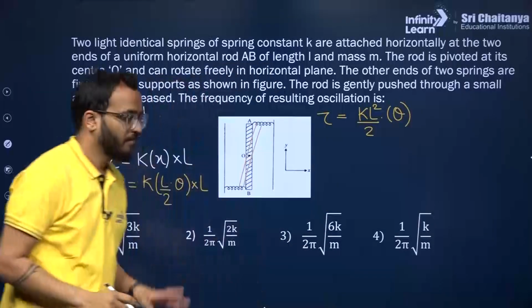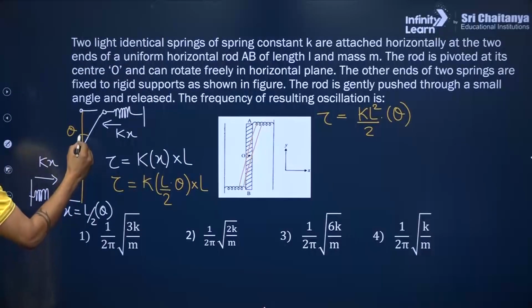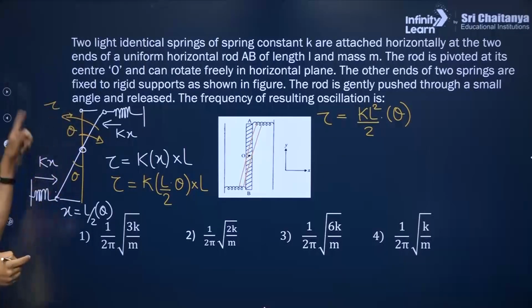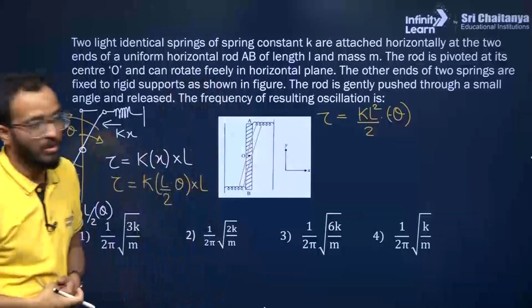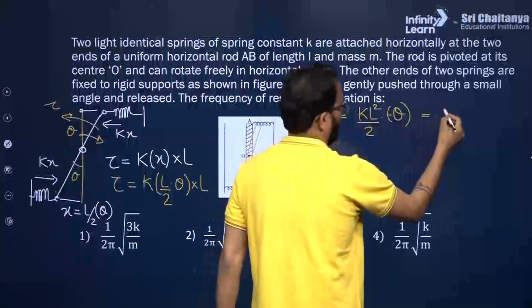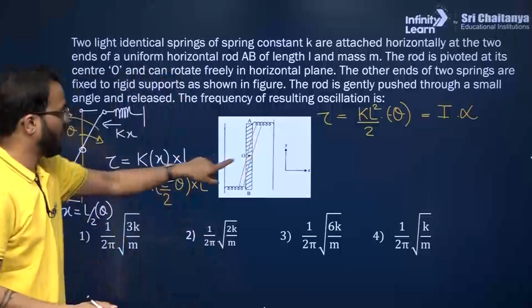Now try to understand. Theta is this angle, right? So we have displaced here and the torque is acting opposite. So technically I should write it like this. It is K L square by 2 minus theta, right? Now this must be equal to I alpha. Now I about this is what? ML square by 12.